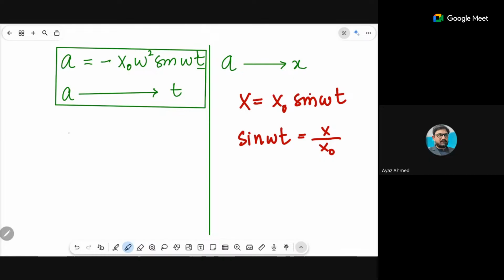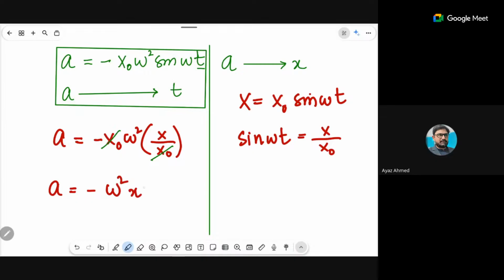So if I replace this in the main equation, x naught omega square, instead of sin omega t, if I write x divided by x naught, what will be the situation now? x naught and x naught will be gone, and your equation is actually a is equal to minus omega square x.